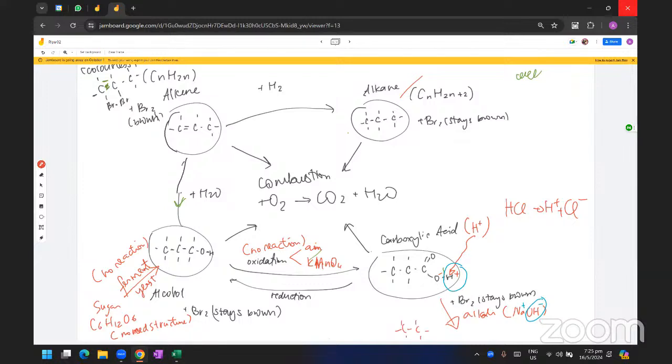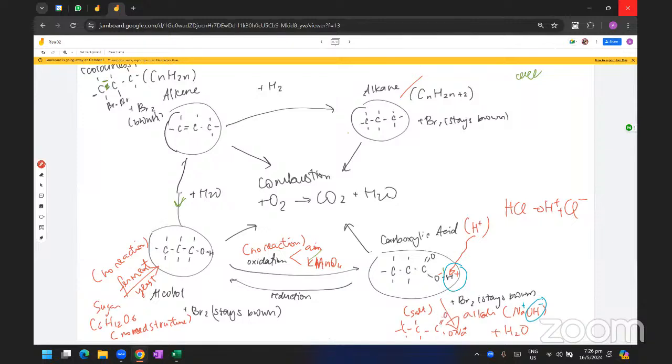The result will look like this: COONa, plus H2O, of course. This is the salt. This is supposed to be old knowledge from acid and base, applied here. Does this make any sense?